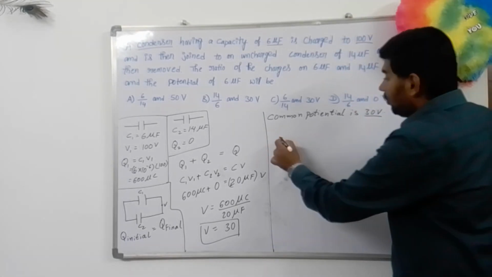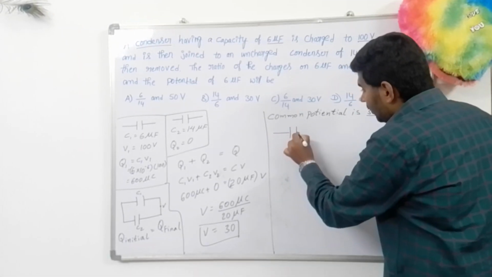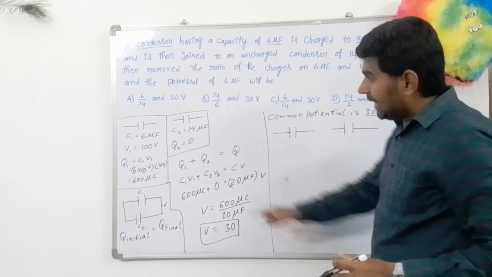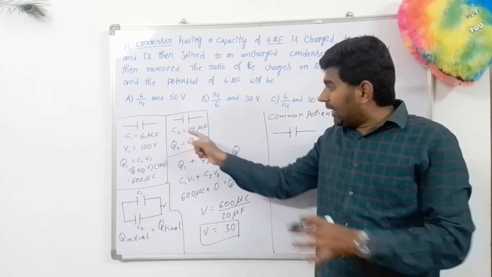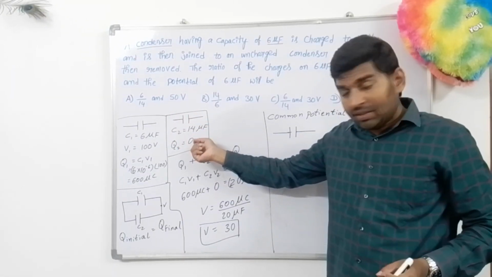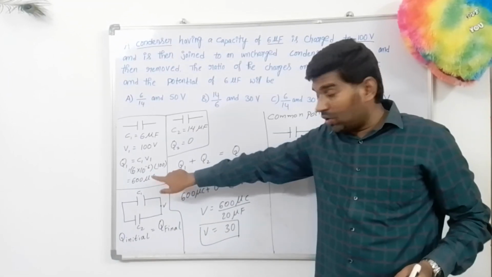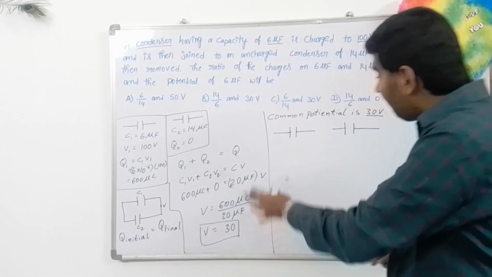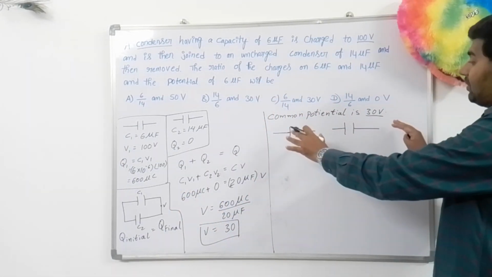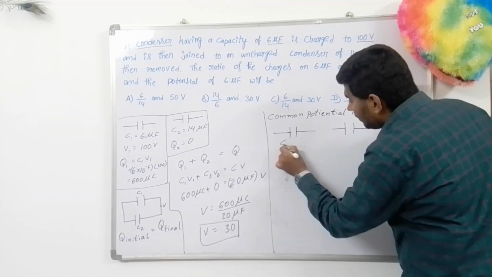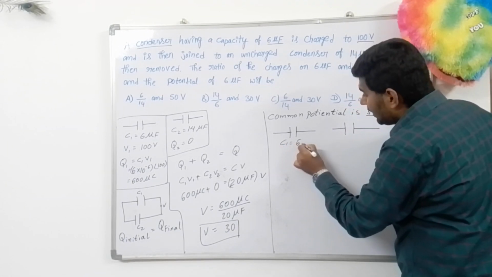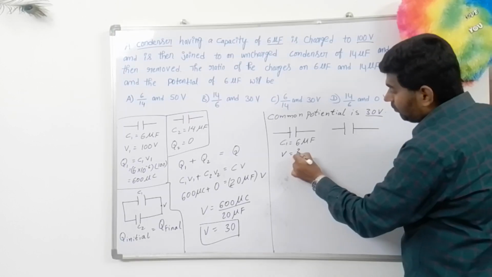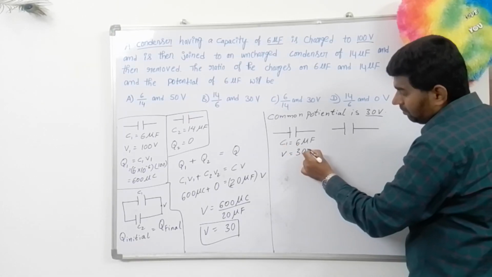After that, if you separate the two capacitors, initially, two are individually placed, the charge will be 600 microcoulombs, here charge will be 0. After that, we will connect the capacitors. After that, we have to remove the capacitor. While we are removing the capacitor, here C1 is equal to same 6 microfarads, common potential V is equal to 30.